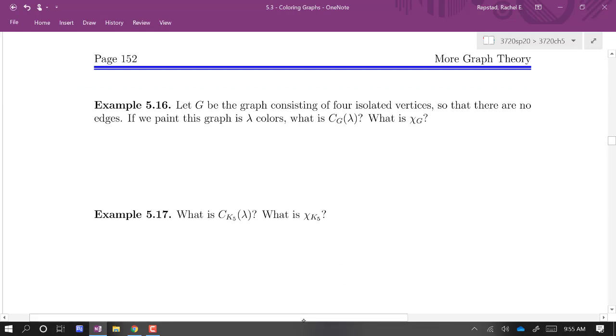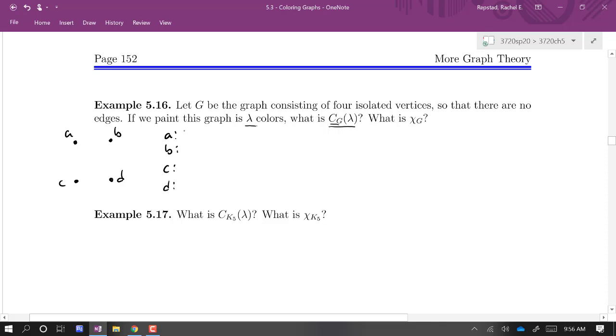So let's suppose I've got a graph that consists of 4 isolated vertices. That means there are no edges, right? There's my graph. And I have lambda colors available, and I want to find the chromatic polynomial, C sub g of lambda. Using the multiplication counting principle, how many choices for A?